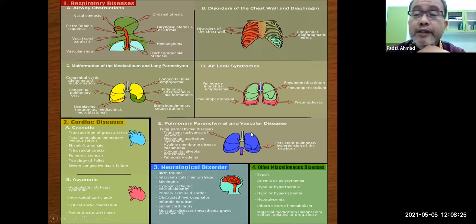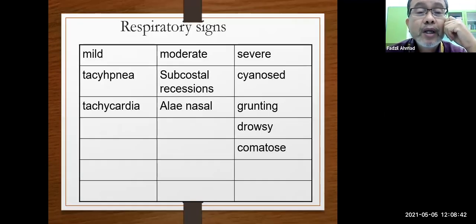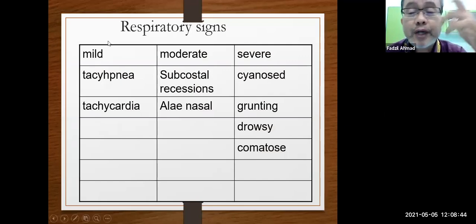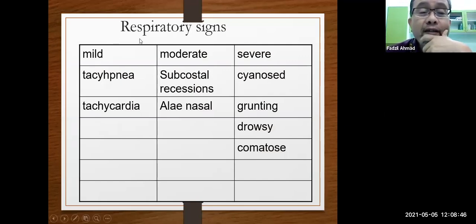So in respiratory distress, though the main problem is the respiratory system, other systems can contribute and affect the respiratory distress. Example, like cardiac disease. When they develop cardiac disease, because of severe cyanosis or severe failure, the child can develop respiratory distress. But you have to recognize the signs.